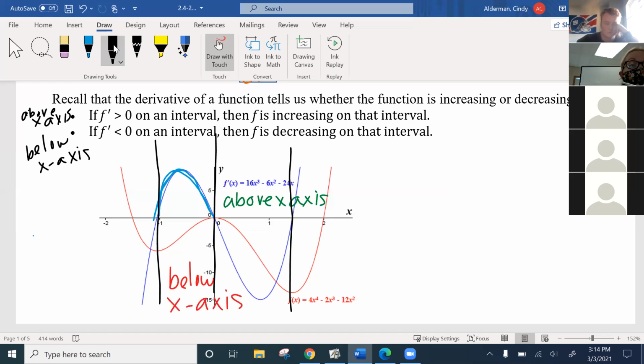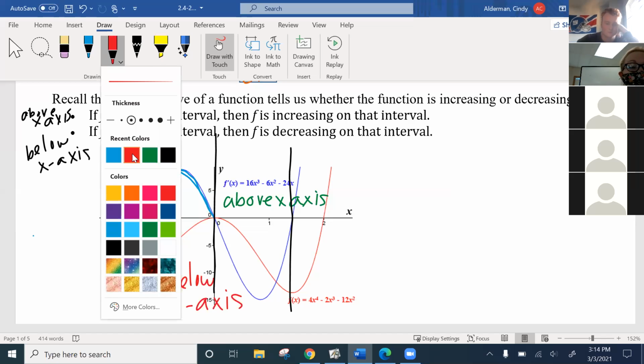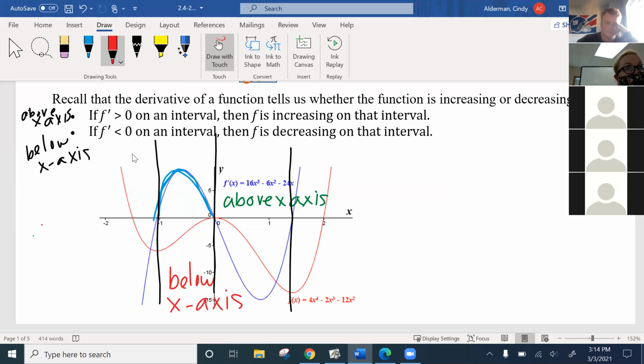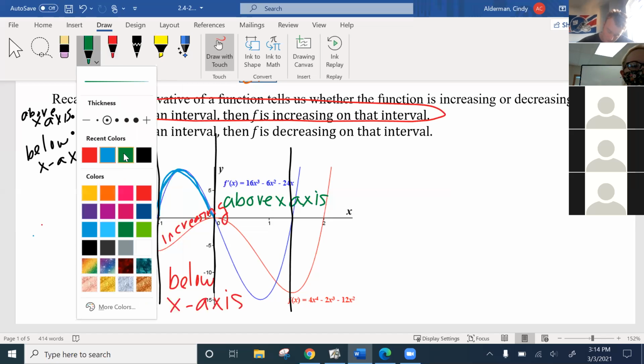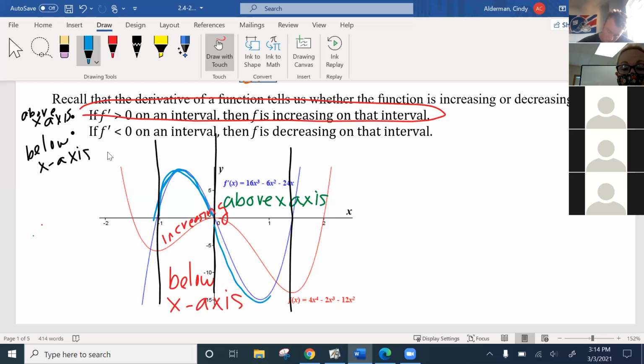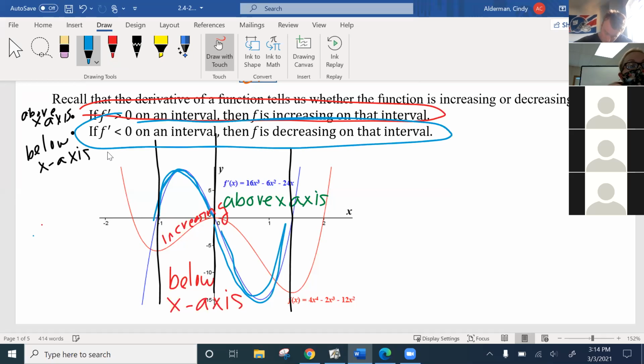Notice that when the derivative is above the x-axis, the original function is increasing, right? And when it's below the x-axis, like for example over here, then the original function f would be decreasing on that interval.